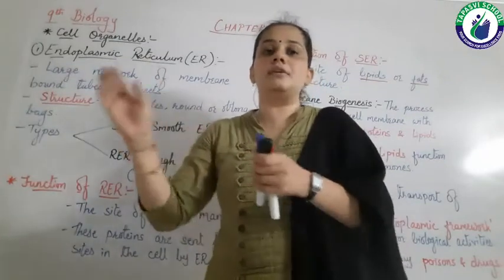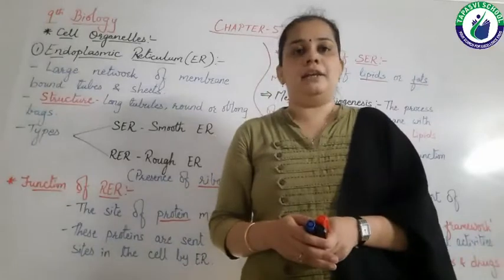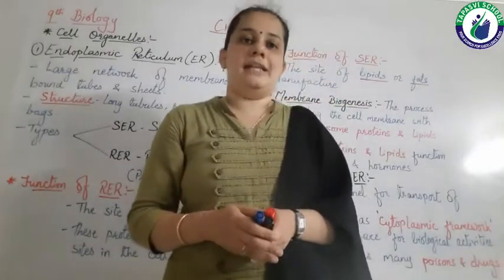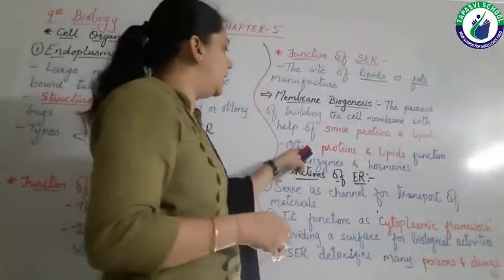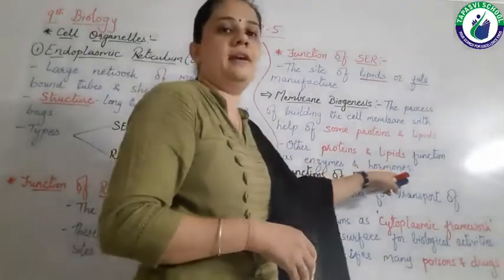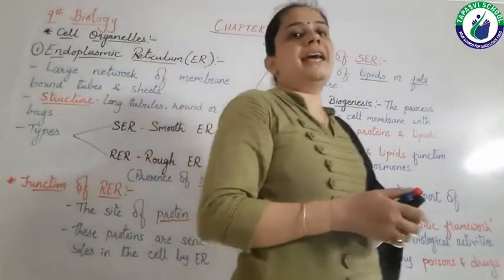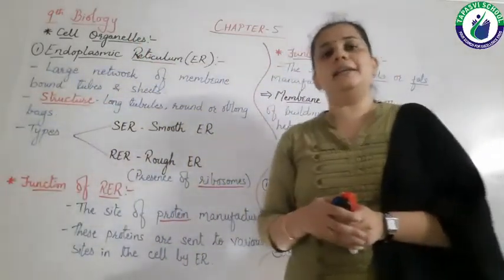They just increase the speed of reaction without taking part in it. So these are known as enzymes. Some of the proteins and lipids function as enzymes and hormones. So this is all about SER and RER.